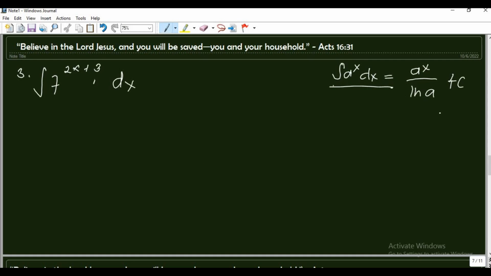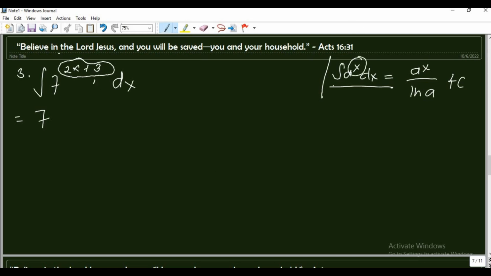So I'll just copy my constant 7, then raise that to my x. Now, notice that the exponent here is already an expression. In the given formula, that is simply a variable x.